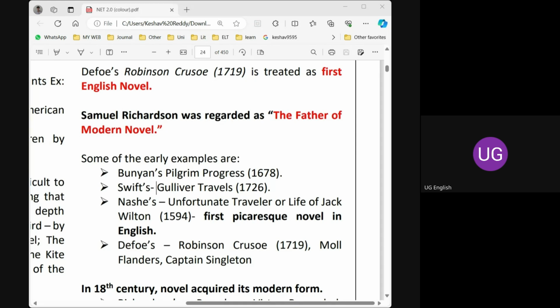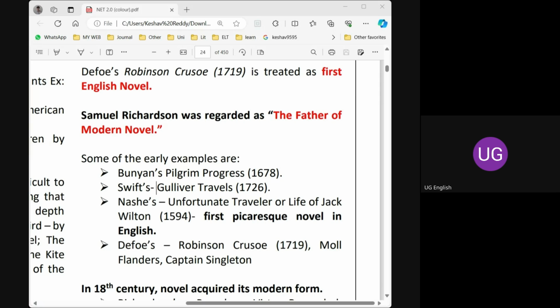The word picaro is a Spanish word. Remember this term. It's very important. Picaro means rogue in Spanish. So picaresque is the novel which is related to the adventures of the picaro, his deeds, his activities, the rogue's activities, and his progress in his life.